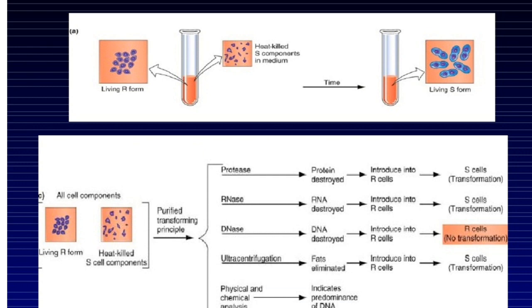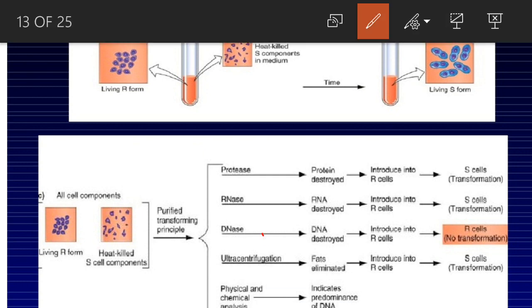Now, in this, what they have done, in the first case, in case of DNA, they heat killed S cells and mixed them with R cells, and they utilized DNase, and DNase breaks down the DNA.